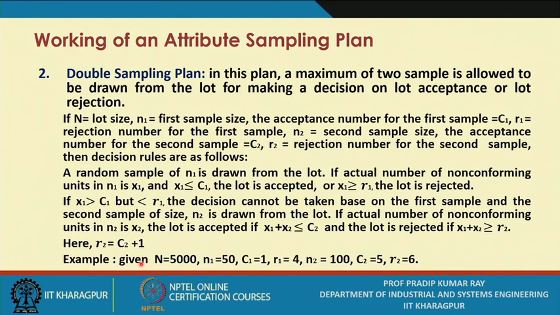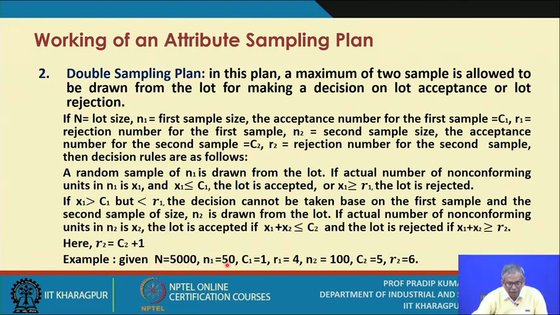Is it okay? Example: given capital N, the lot size, is 5000, and N1 is 50. That means 50 units are drawn from the lot, and then you start counting the number of non-conforming units. If the non-conforming units is less than or equal to 1, then you are going to accept the lot.